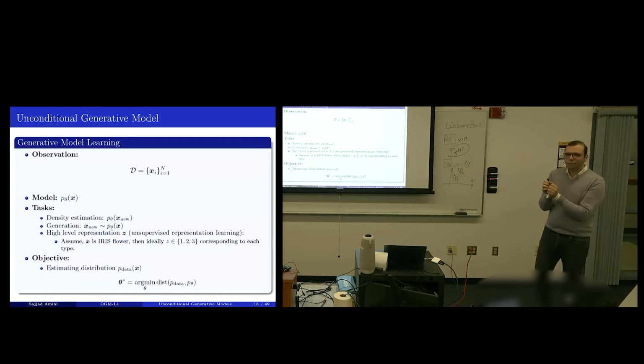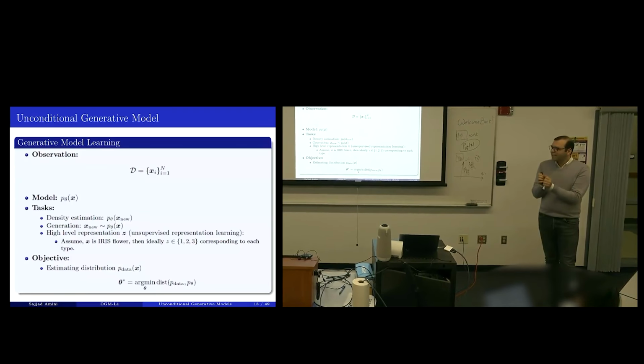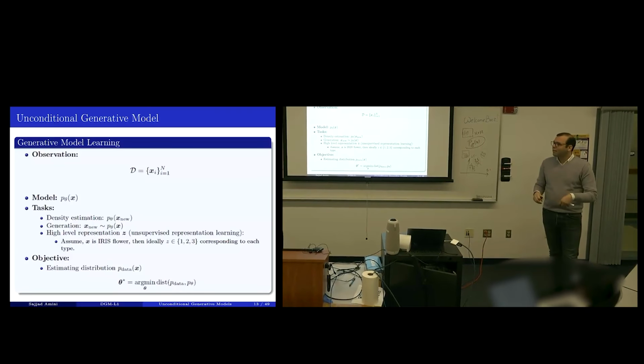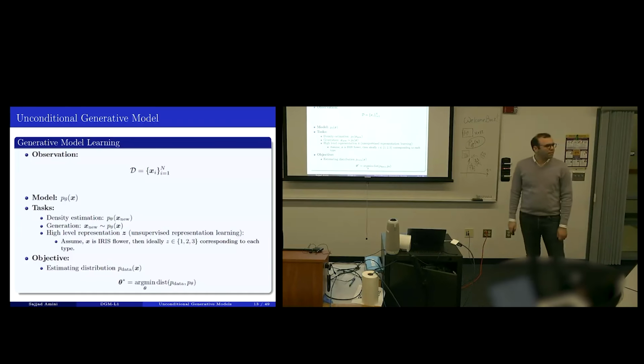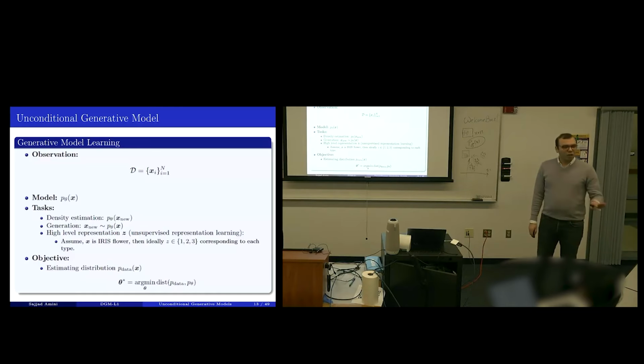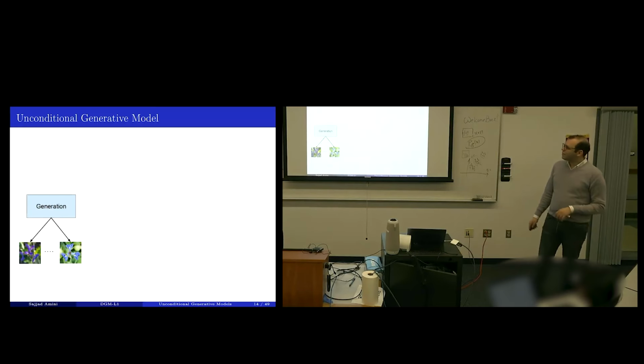The most important point about the distance is tractability. We should define a tractable distance, and then we should minimize that distance. How? By changing the parameters of your model. And hopefully, after the training, you can approximate the real-world distribution with your model distribution and do these tasks with your model distribution. This is our objective in unconditional generative models.